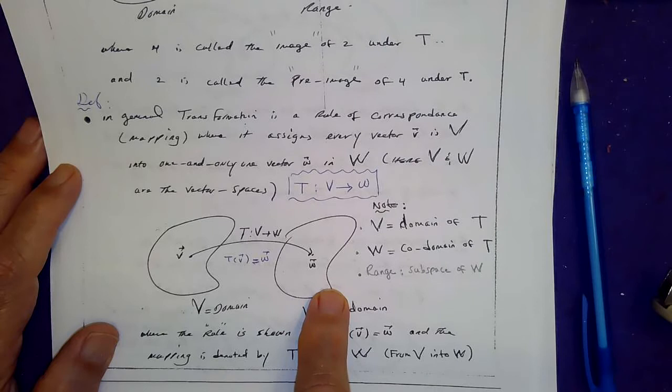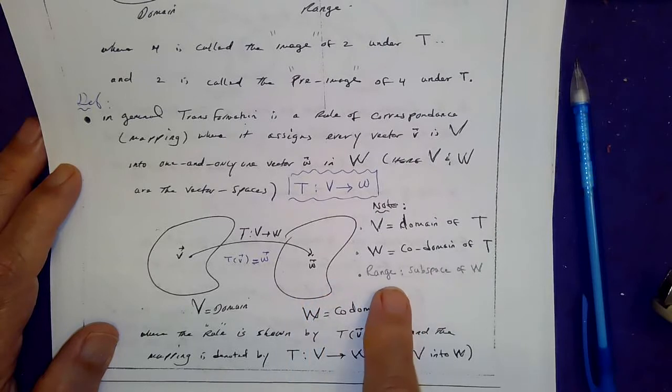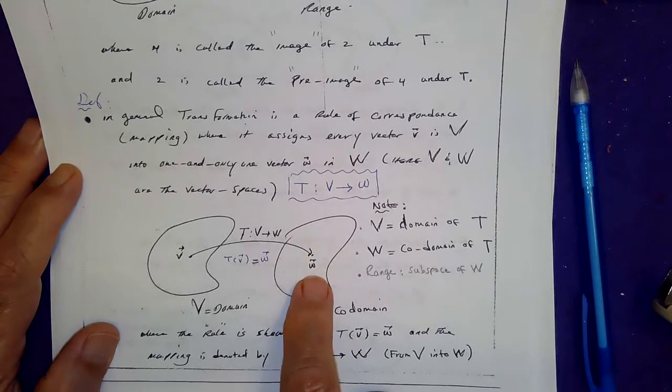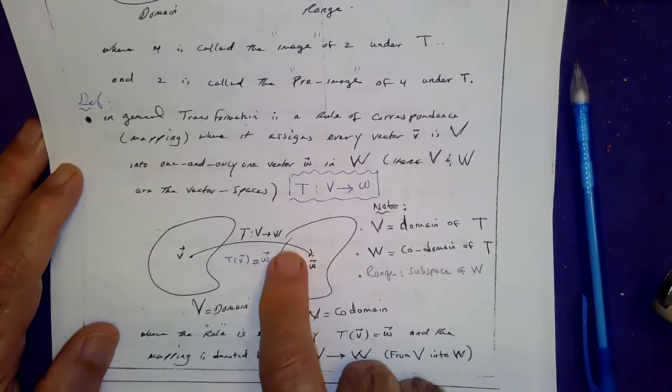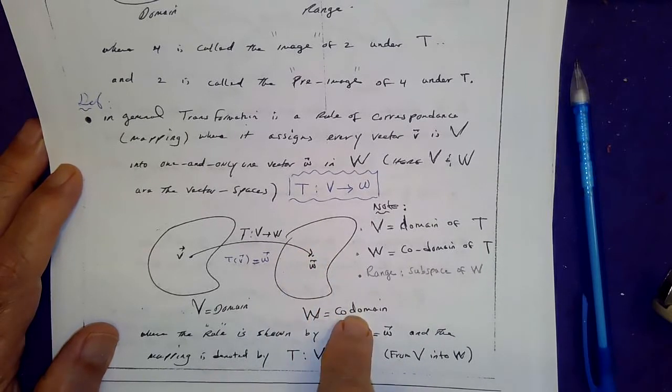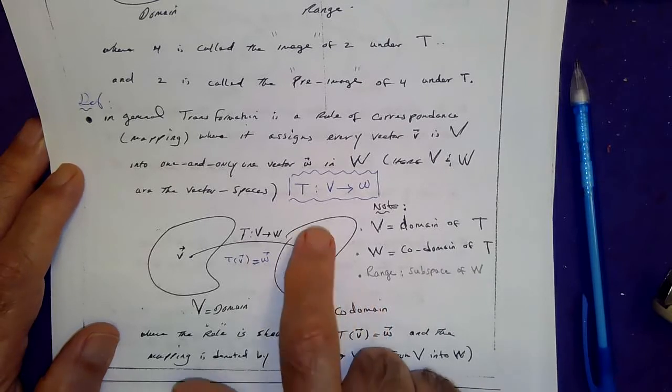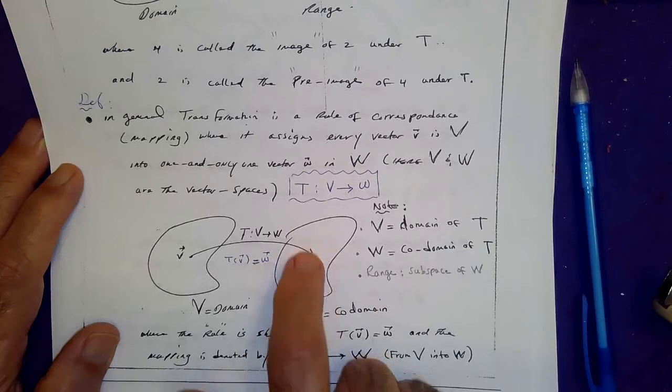We don't call this the range. A bit later, we'll find out the range is a subspace of W. In other words, the range is part of the codomain, so we don't call W the range. It's called the codomain. Range is just a subspace of the codomain.